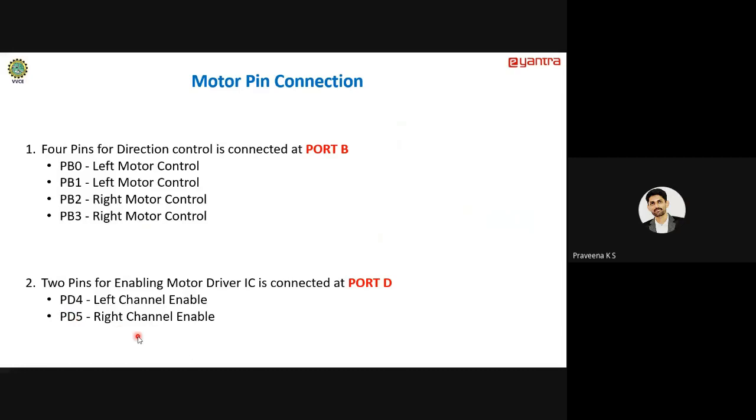In order to enable this, you have to send the appropriate value to these two pins in port D. Clear? I hope it is clear till now. So to give the direction control, we use port B, and to enable the channel or the driver ICs, we use port D pins 4 and 5. Clear?